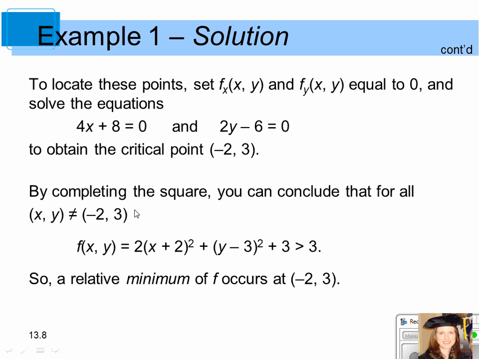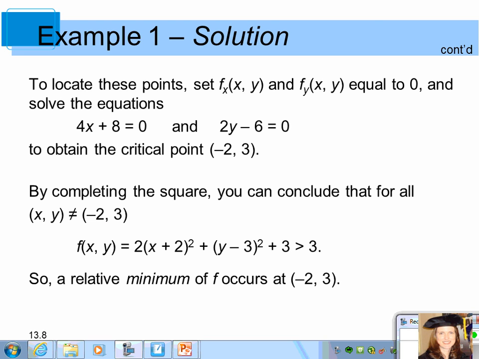It is a parabola that opens up in both the x and the y directions, so it would make sense that if it's a paraboloid that opens up, the critical point where the gradient is equal to 0 is your relative minimum.